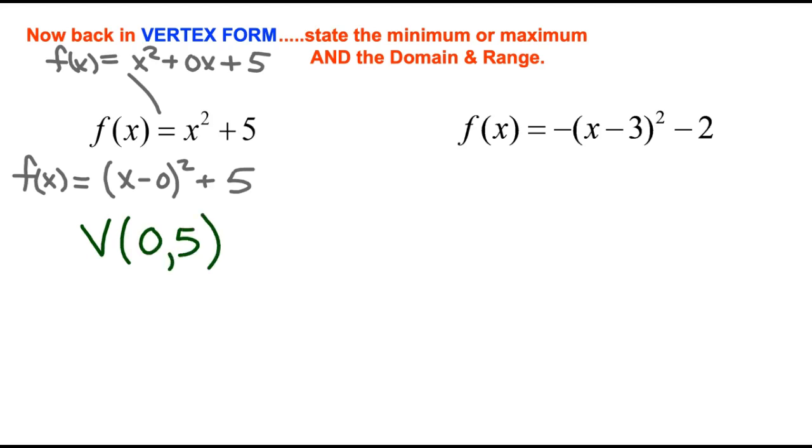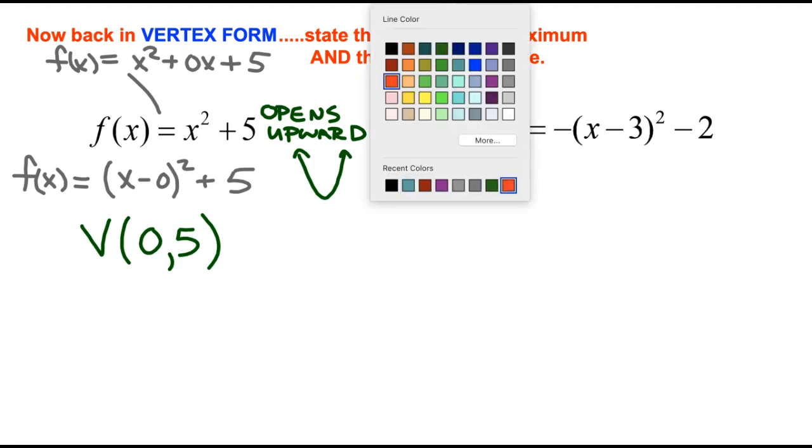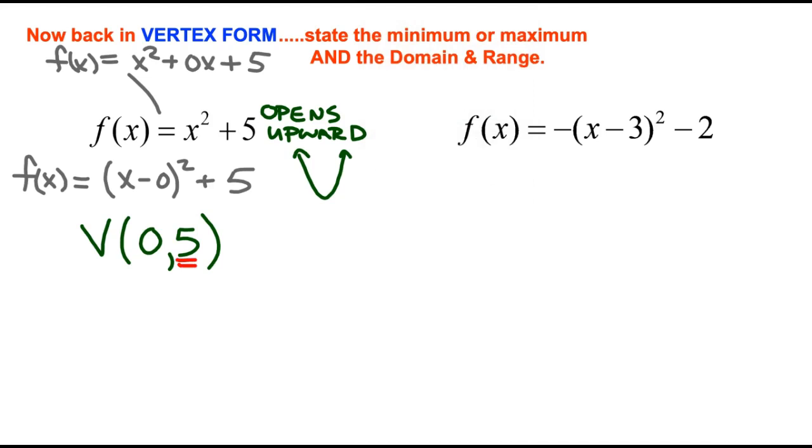Is that going to be a maximum or a minimum? This one opens upward, and it might help to draw it in. Opens up, so it's going to be a minimum. My minimum value is going to be the y value of the vertex.